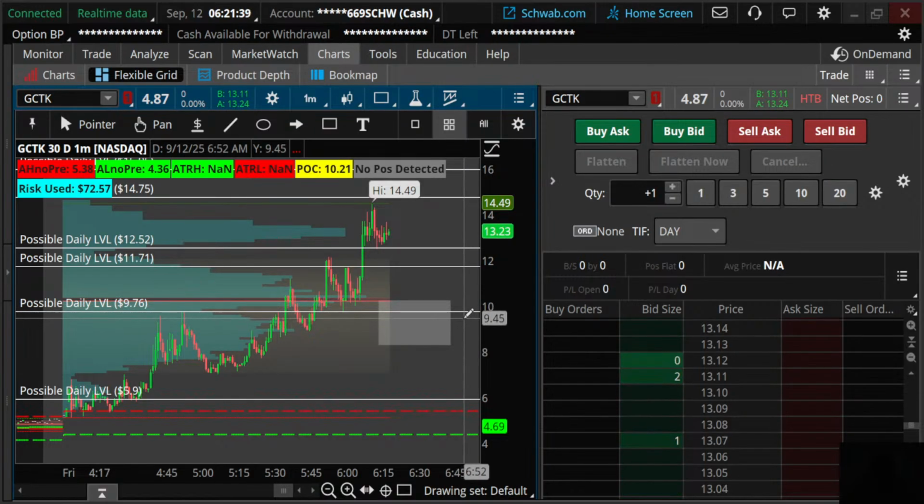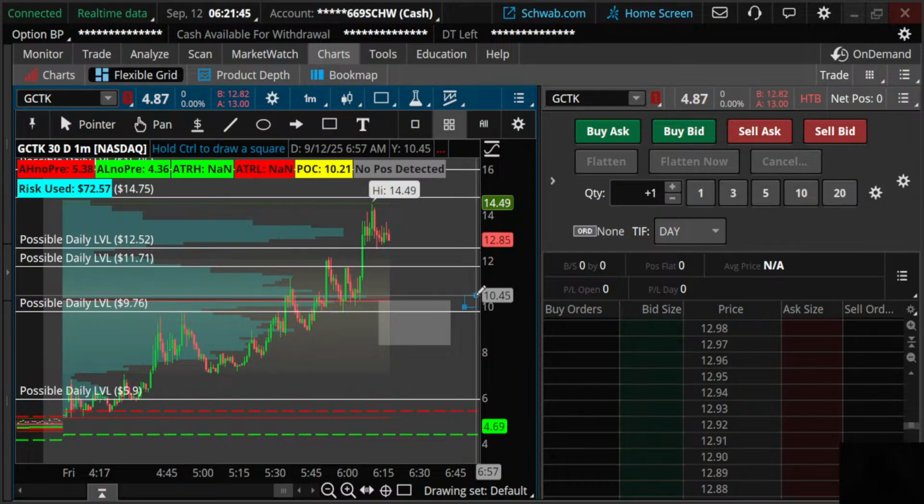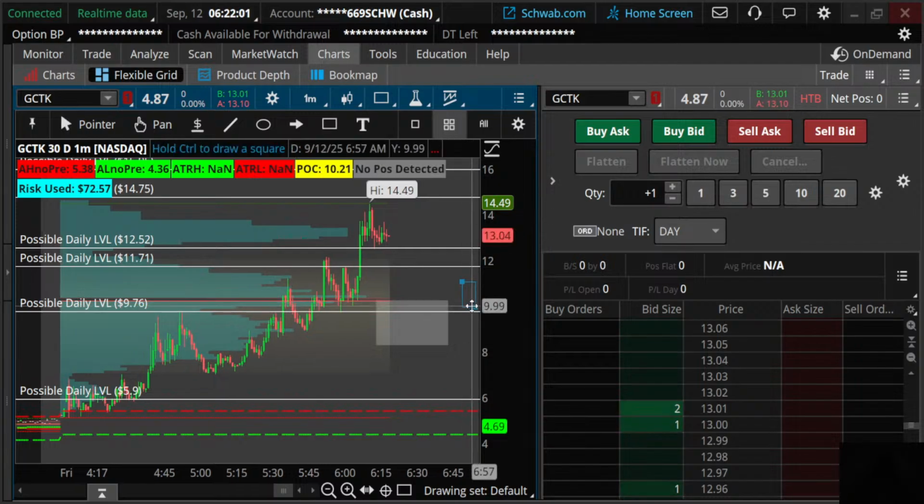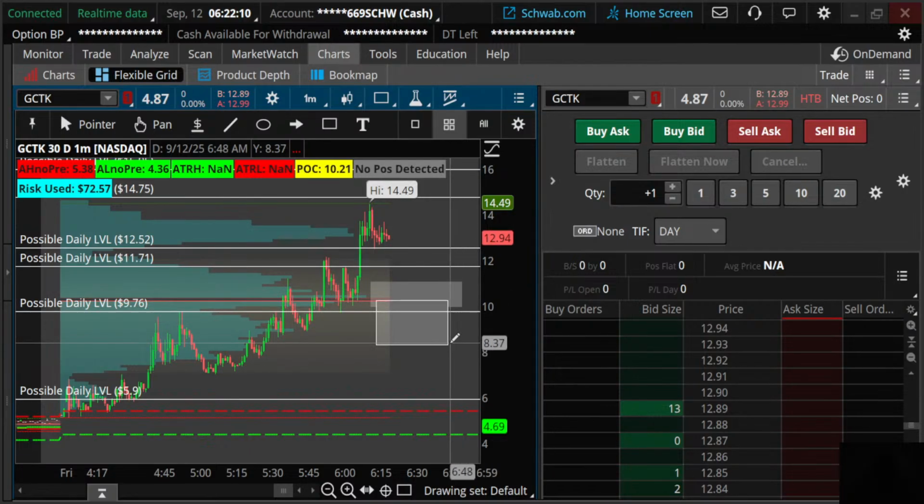So 994 is the bottom, right up in here somewhere. 994, and then we have up to 1104. We'll see how these play out.